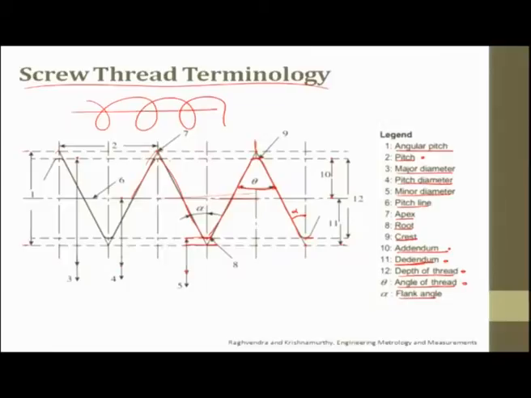If you go back and see, alpha is the flank angle. So, this is the fundamental triangle, this is the original surface. If you draw an imaginary perpendicular with respect to this angle, it is called the flank angle.